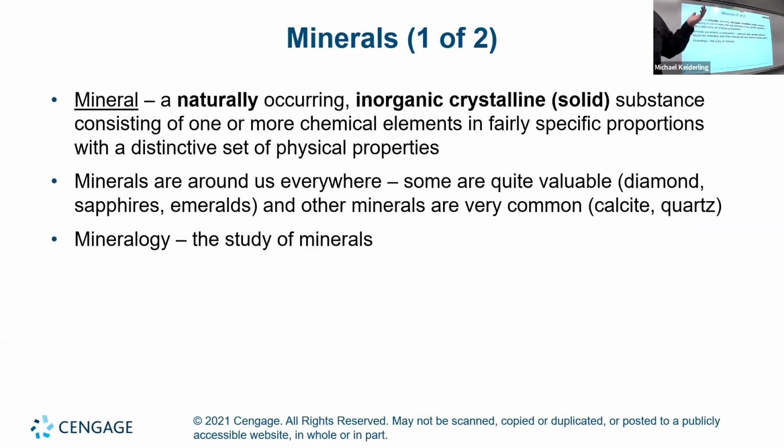So, a mineral. A mineral is a naturally occurring, inorganic, crystalline solid substance that consists of one or more chemical elements in fairly specific proportions with a distinctive set of physical properties.